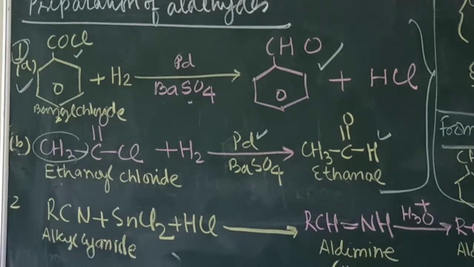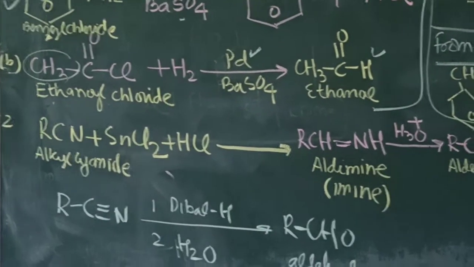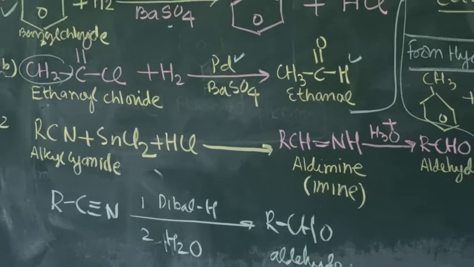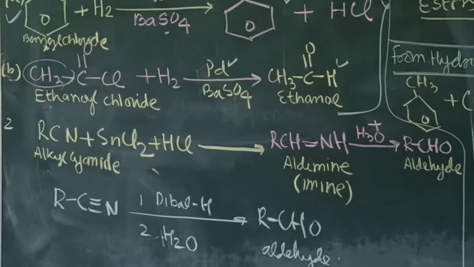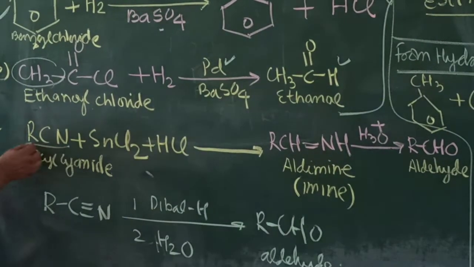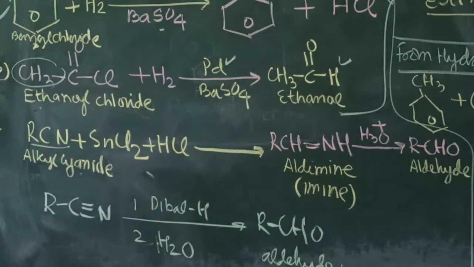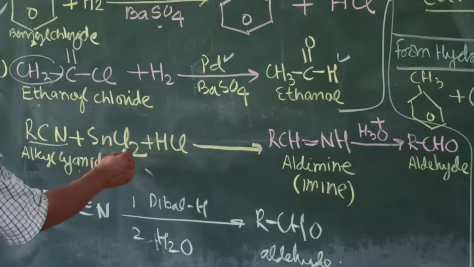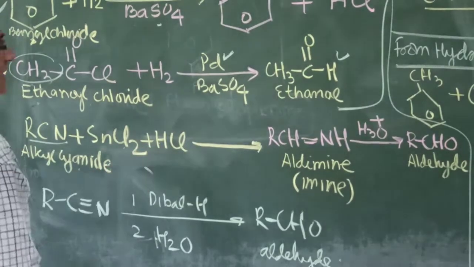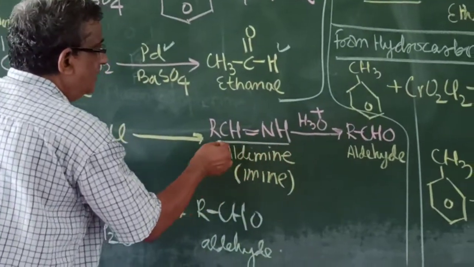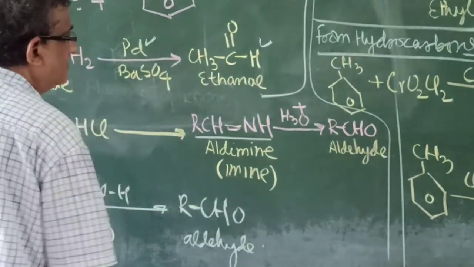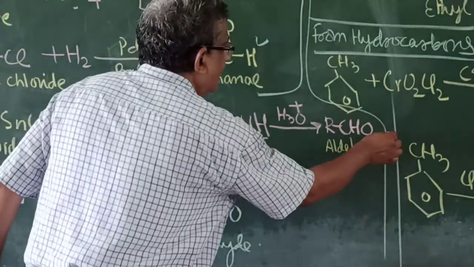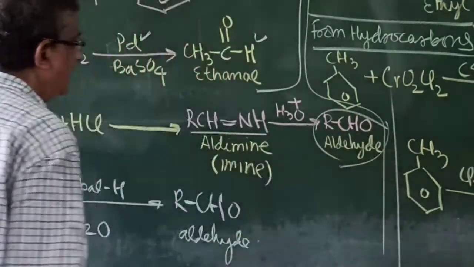Number two, I will tell you from nitriles and esters. What are nitriles? RCN, known as alkyl cyanides, are known as nitriles. On treating them with SnCl2 in presence of HCl, we get first here aldimine, that is imine, and then finally here we get the aldehyde.